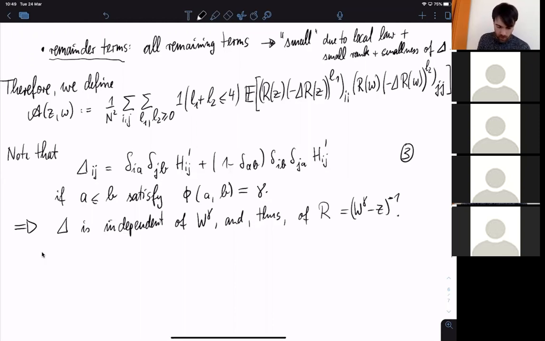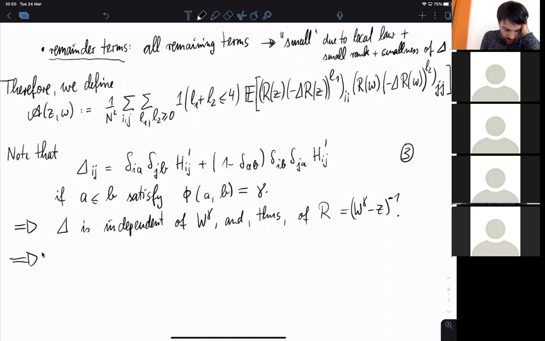Okay, but that means that if I multiply out these terms here, then I can use this independence, and in fact I can express everything else in terms of expectations of entries of R times expectations of the entries of delta. But there's only one entry here, and this will be defined because the L1 runs from 1 up to 4, so there are at most 4 of these moments appearing.